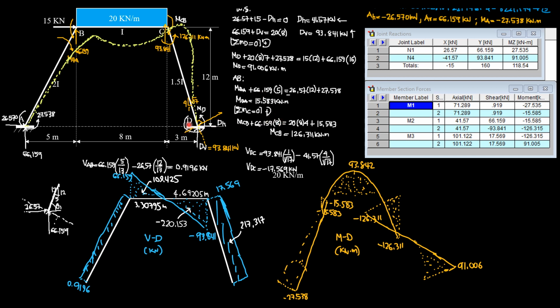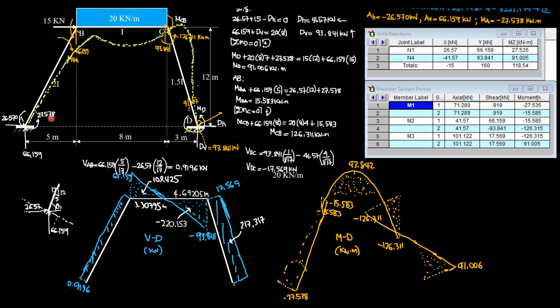Then summation of moment at D, assuming this is the direction for moment at D, which is counterclockwise. So summation moment D equals 0. MD plus the moment of the 20 kilonewton load, 20 times 8, 4 plus 3 is 7.